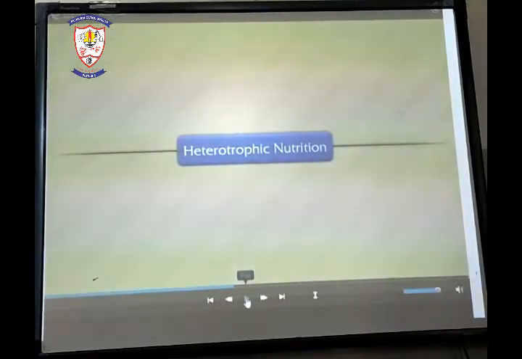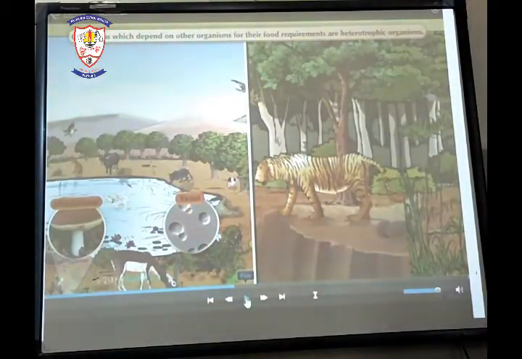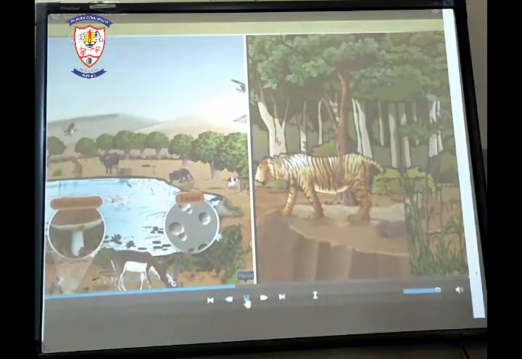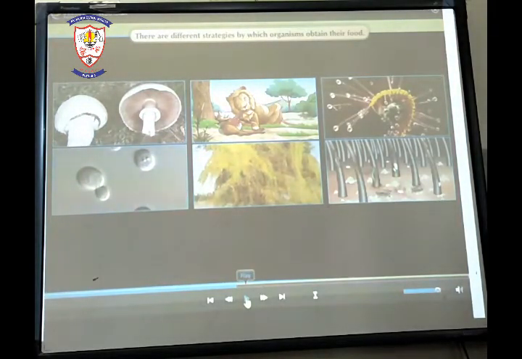Now we are going to understand heterotrophic nutrition. Organisms which depend on other organisms for their food requirements show heterotrophic nutrition. You can see here that all animals and fungi are classified as heterotrophs.